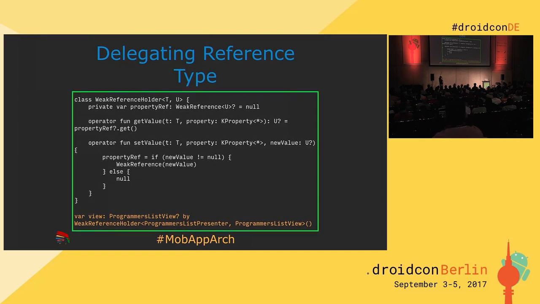So you declare this class here that, as you see, is a generic class, and you say to every property that you want to be weak that you use this delegation. That is going to be an optional, and it's going to be using this delegate, and it will take care of wrapping the reference and providing you with a null value if nothing is there. Really useful in an advanced architecture, because this is a piece that gets created and reused as much as you need it. Code reuse is key in a good architecture.